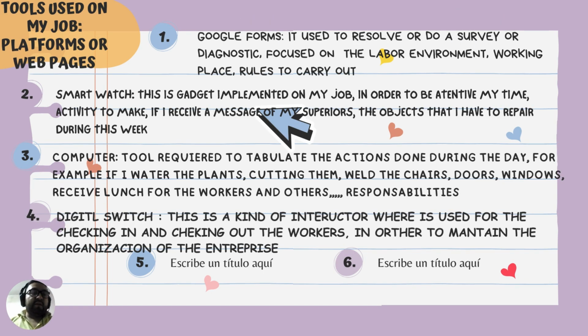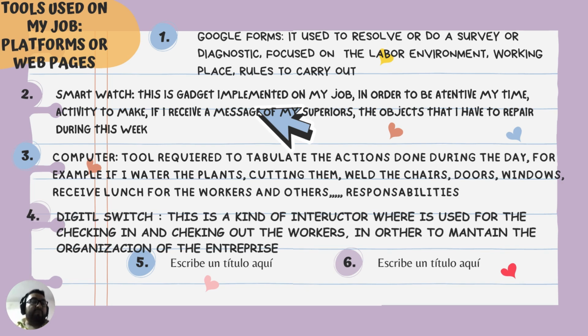Constantly, in those tools, we use different platforms or web pages that we decide to manipulate, digital platforms, in order to make our life easy and to demonstrate some evidence.